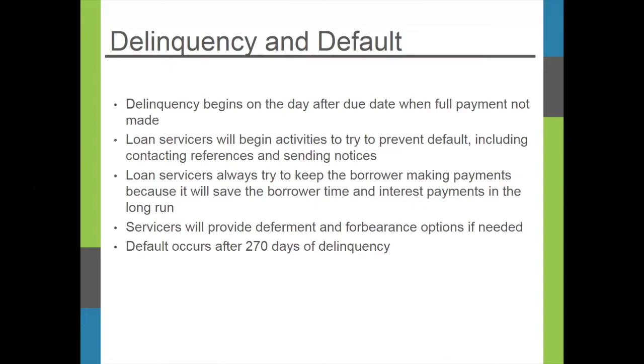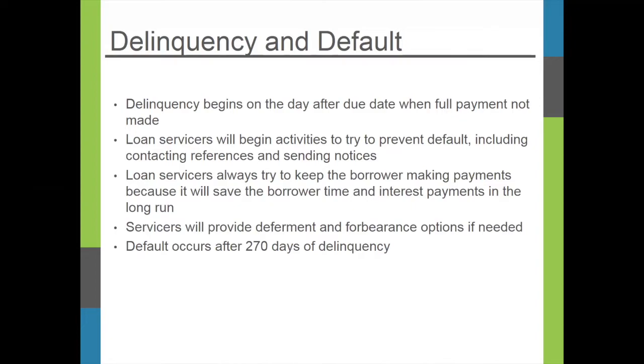But you need to remember that default occurs 270 days after delinquency. That means 270 days after the first day you miss your payment, you have officially defaulted on your student loan. When you default on your student loans, you are no longer eligible to receive federal financial aid. And then you are turned over to collections. This is the part that you do not want to reach.